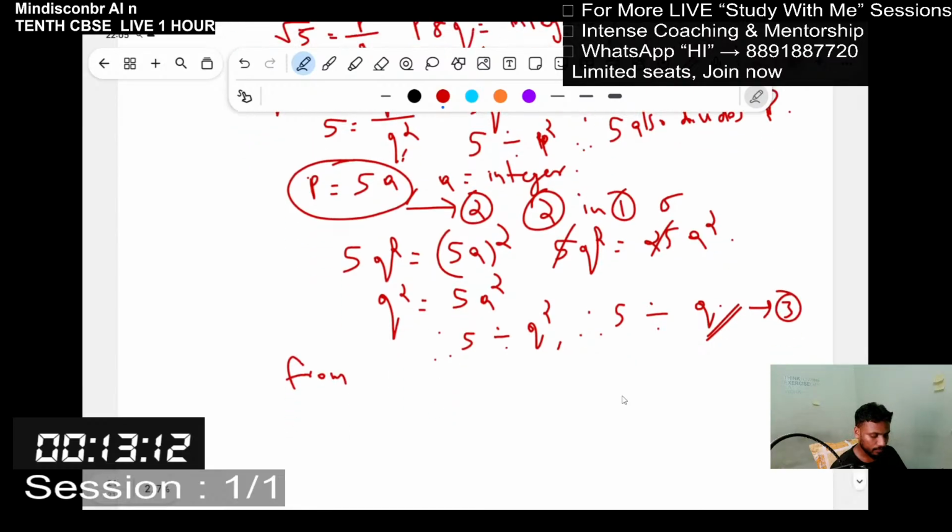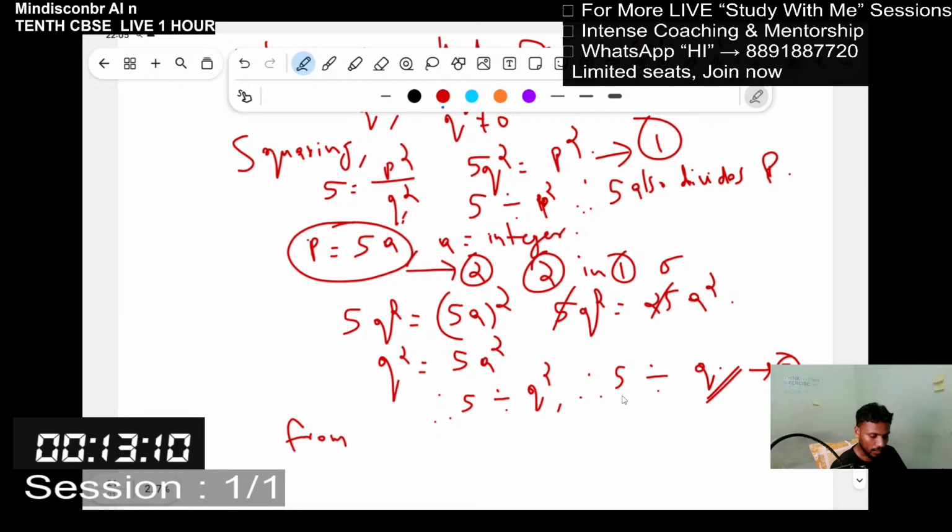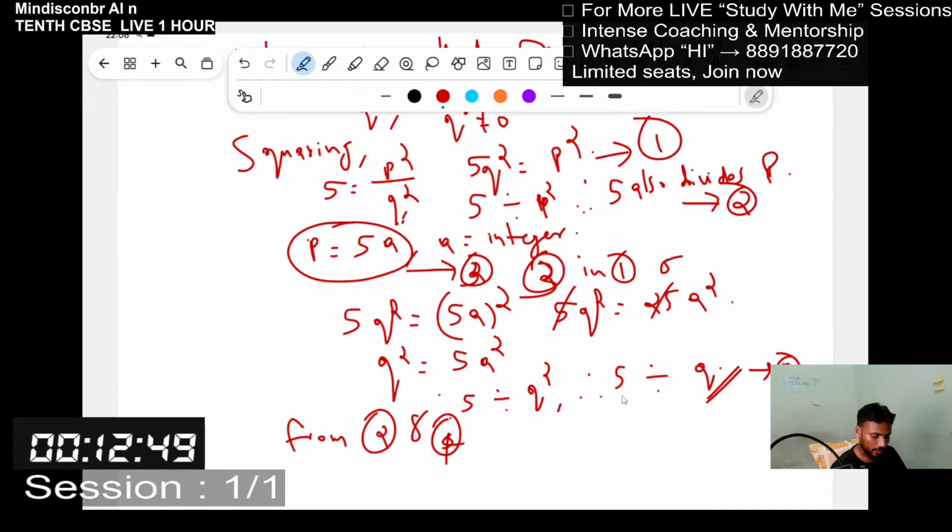From 2 and 3, we can say that 5 divides p and 5 divides q.